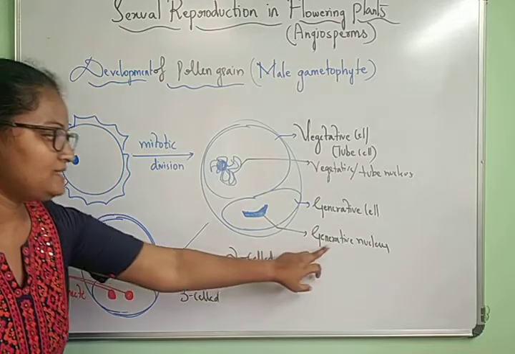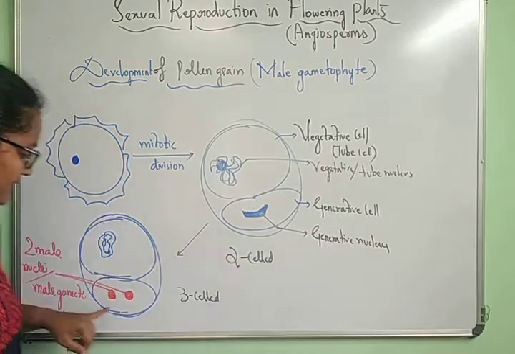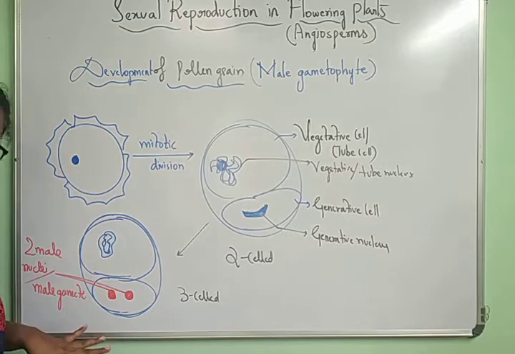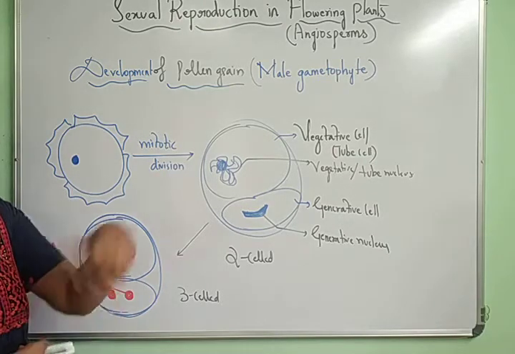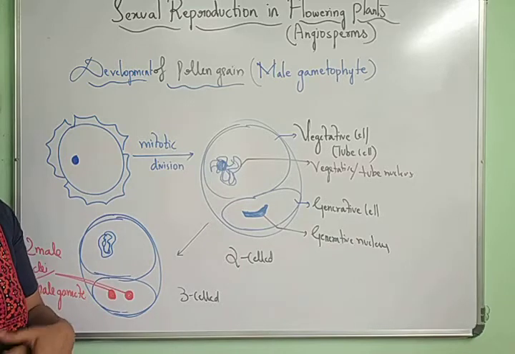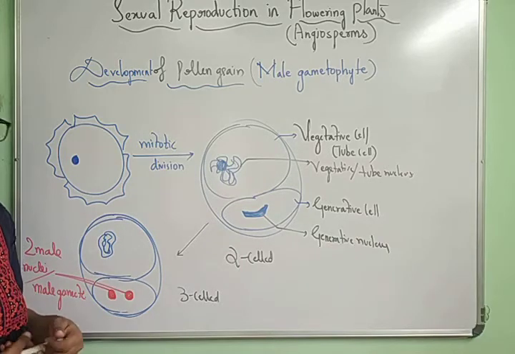Hence it is called generative. What happens? These two male nuclei will now help in the fertilization process. They go and fuse with the egg to perform the fertilization.